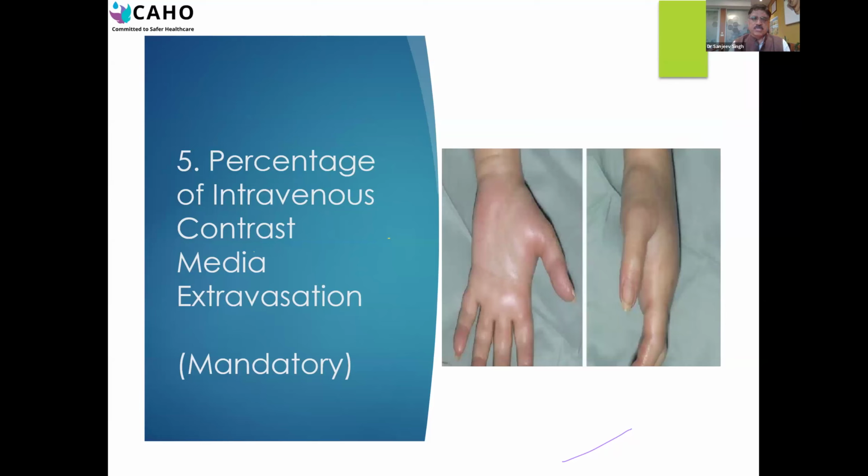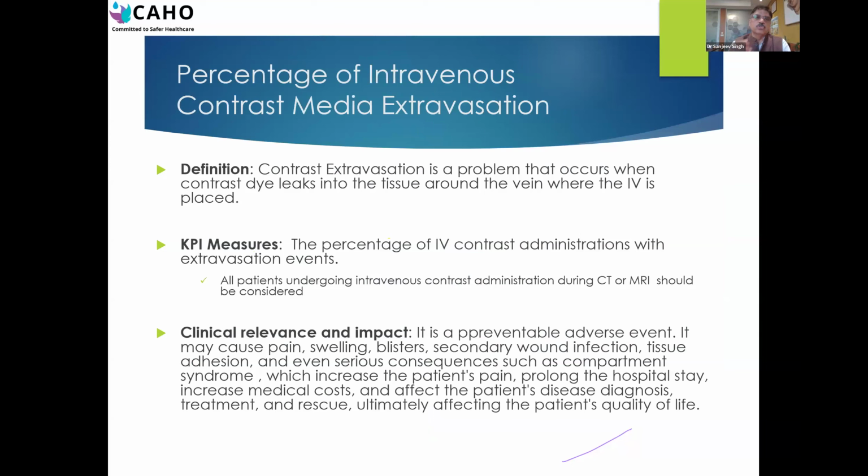Now, who gives these particular guidelines? It basically comes from the American College of Radiology or the Royal College of Radiologists. And fortunately, in India also, the Society of Radiology has included this as one of the indicators to measure their work. So contrast extravasation is a problem.